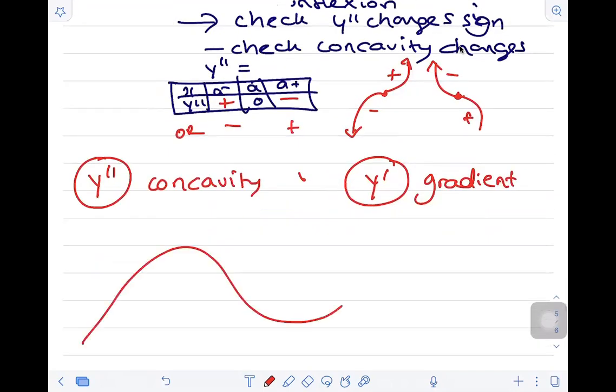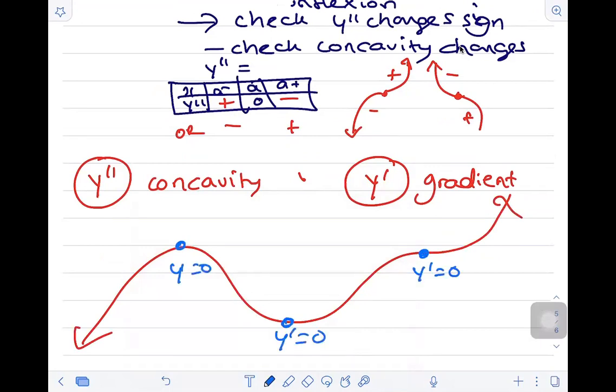So basically, say you had a curve like this. If I went through and did that, that's where y dash is 0. That's your stat points. There are 3 types. That's a horizontal inflection. This one is a minimum, and this one is a maximum.